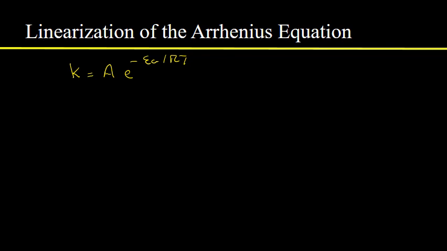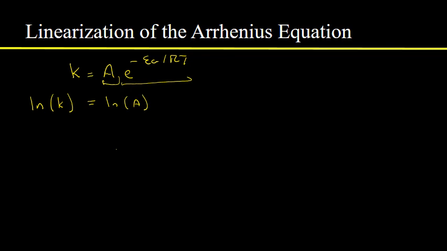So in order to solve for something that's in the exponent, we're going to do the same thing we've done a whole bunch of times in the last couple of weeks. We're going to take the log of both sides. Right? So take the log of the left, we just get natural log of the rate constant. On the right, we've got two things that we're multiplying, A times e to the minus Ea over RT, and the log of a product is the sum of the logs, right?